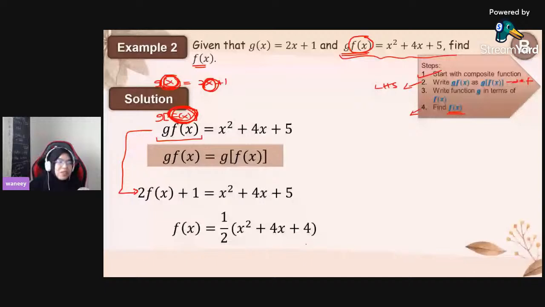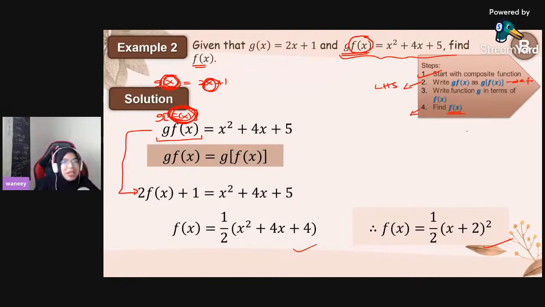So we are going to get 4. Of course you can simplify them further. You can do completing the square for them, where they are actually (x plus 2) squared. So you can write them down as half (x plus 2) squared. It doesn't really matter whether this one or this one. That will be totally fine to give either one.